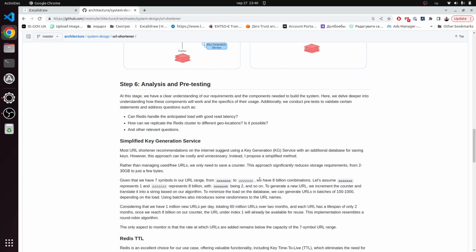In such a case we can just save the counter like 1, 2, 3 and so on, and then represent this counter as 7 symbols. The only thing you may monitor here is that your adding rate is much less than your URL capacity. If not, then you may need to add additional symbols and update your algorithm, but it's a pretty simple solution.